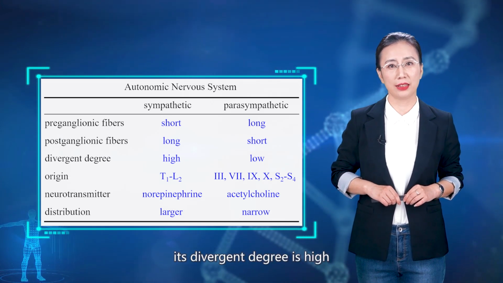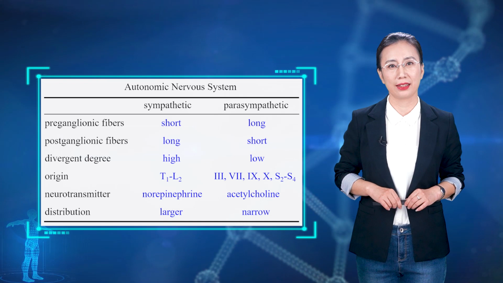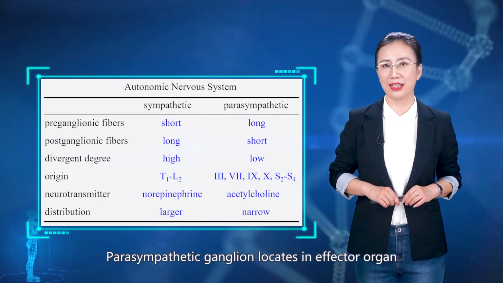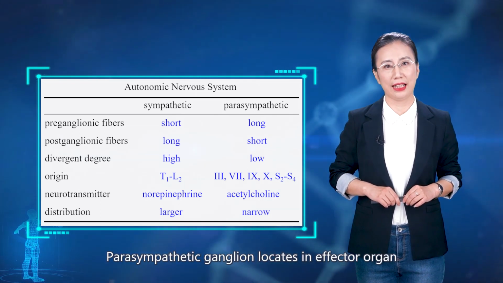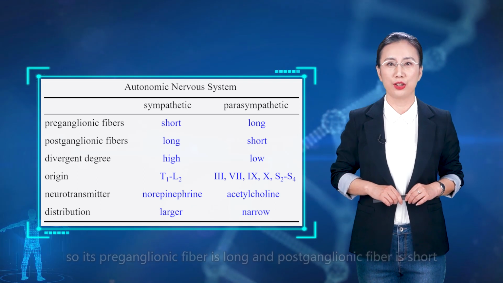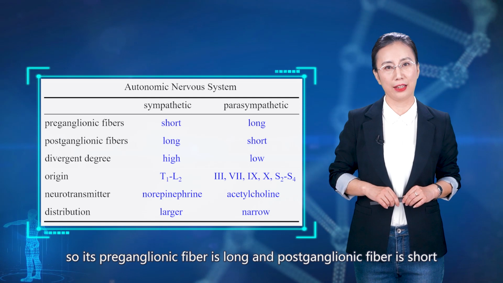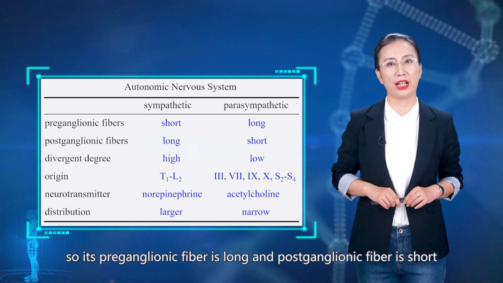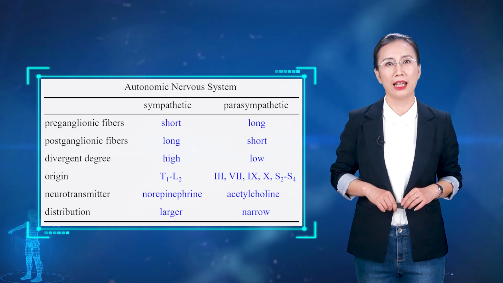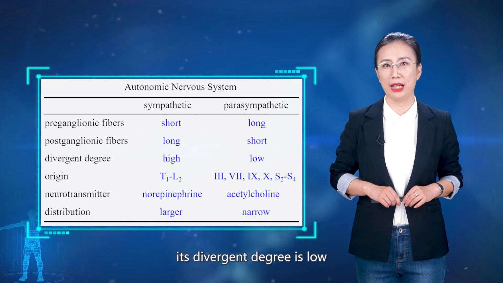Its divergence degree is high. The parasympathetic ganglion is located in the effector organ, so its preganglionic fiber is long and the postganglionic fiber is short. Its divergence degree is low.